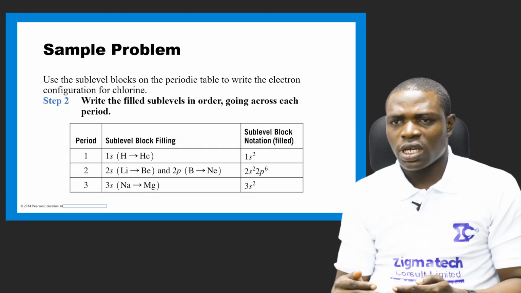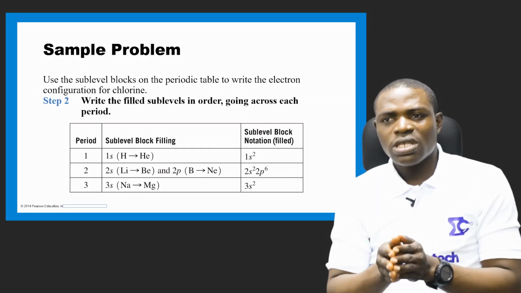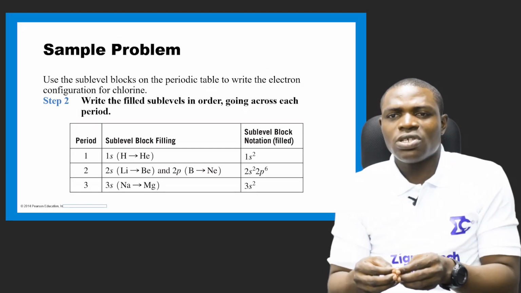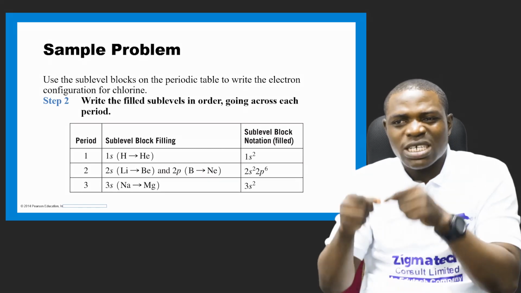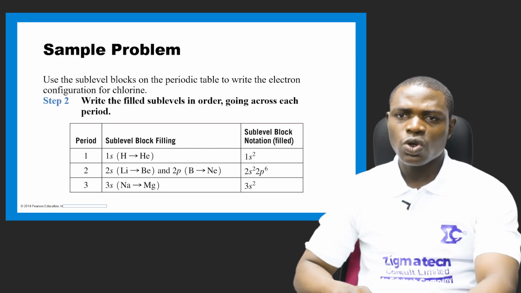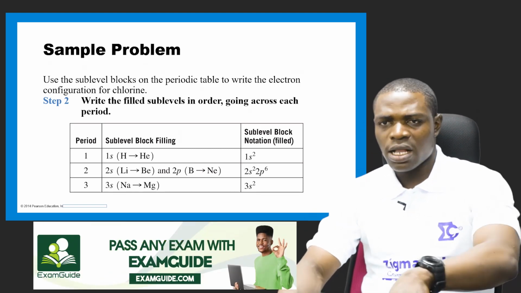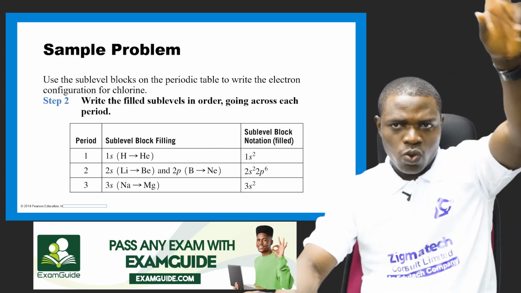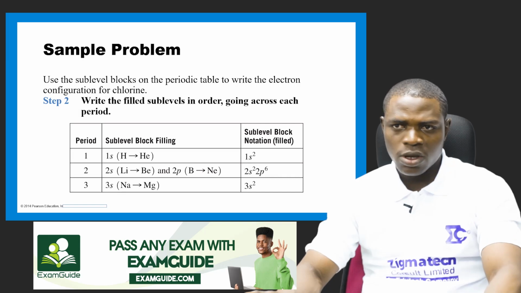When you follow this trend, you will be able to do justice to the filling of these orbitals with the appropriate number of electrons required in each sublevel. If you look at period 3, you will see from sodium to magnesium. From period 1, we have 1s2 maximum.